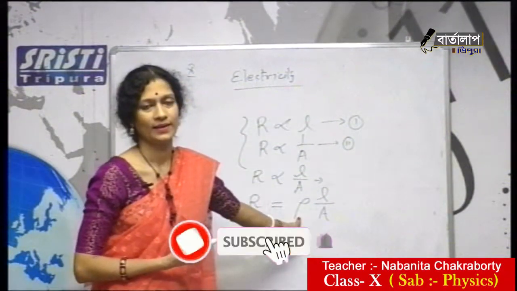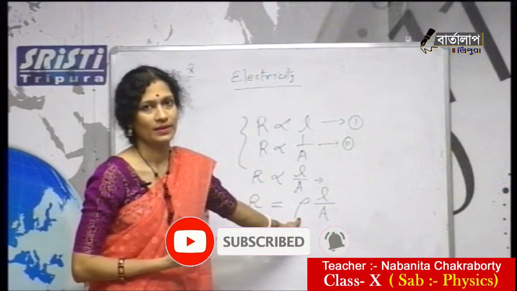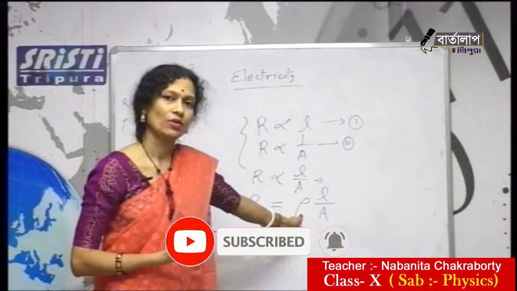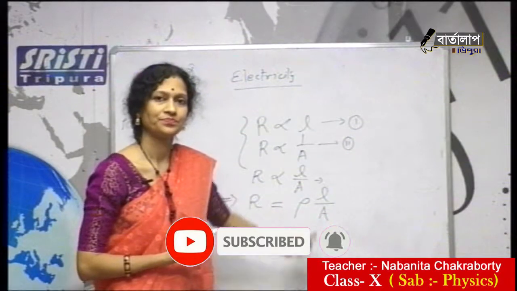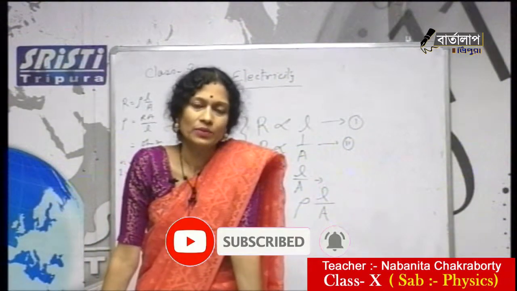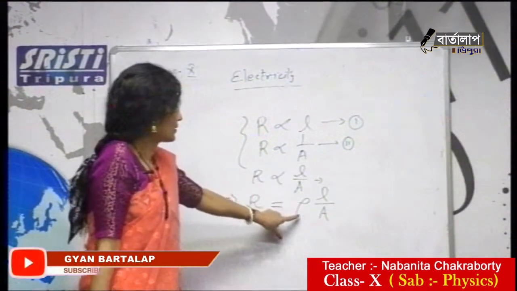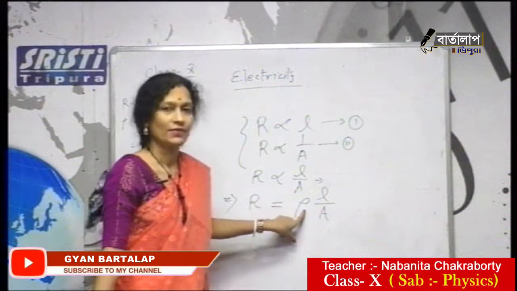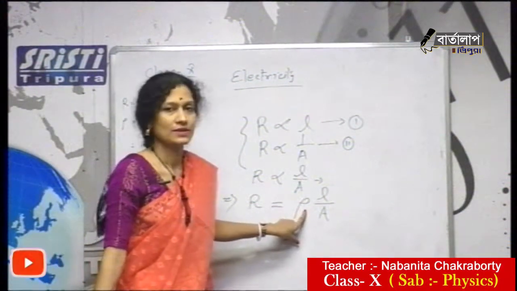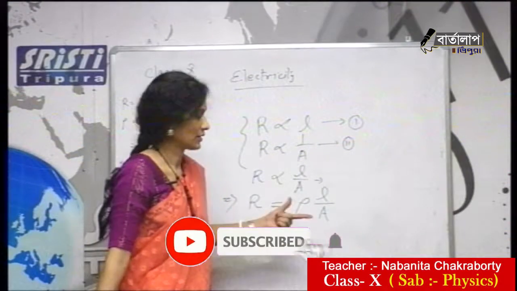This rho is also a constant. It is called the resistivity or specific resistance. In that way, you can understand the definition of rho, the specific resistance or resistivity, whatever you say.